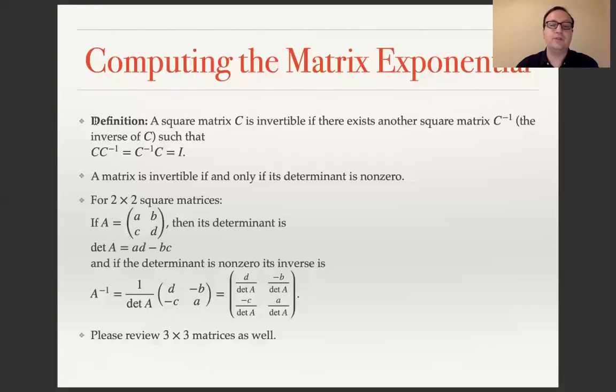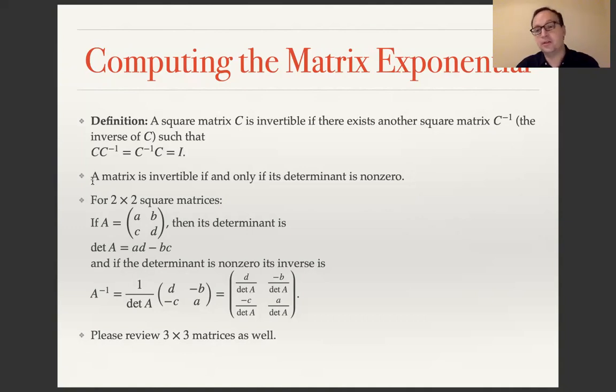So a very quick review. What is the inverse of a matrix? What is C inverse, which is denoted by C to the minus 1? A square matrix C is called invertible if there exists another square matrix of the same size, C inverse, which is also called the inverse of C, such that C times C inverse is equal to C inverse times C is equal to the identity matrix.